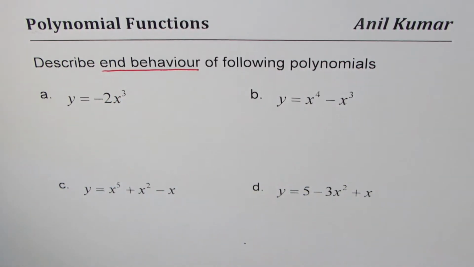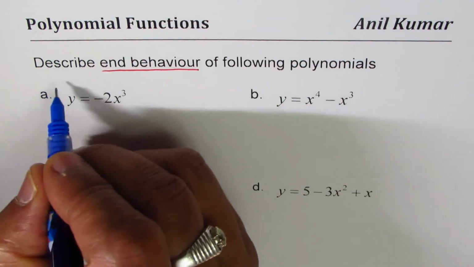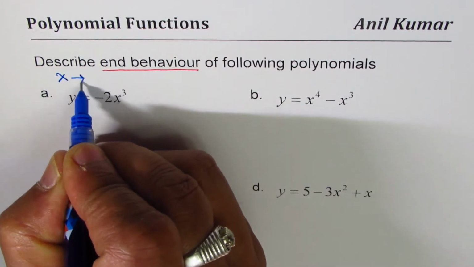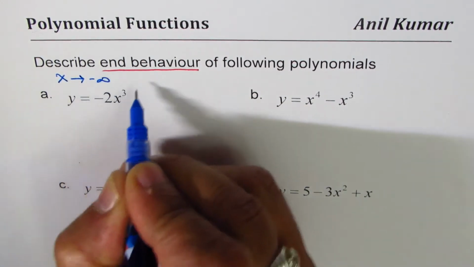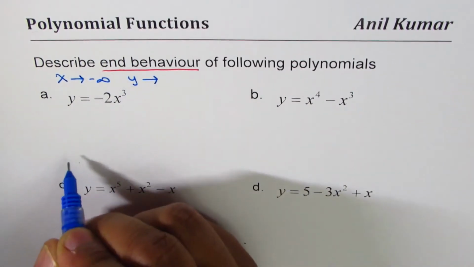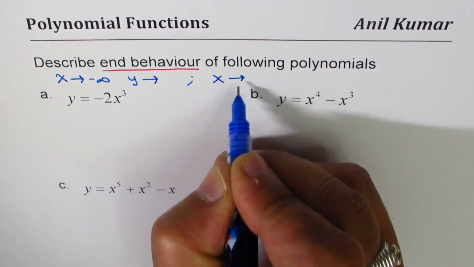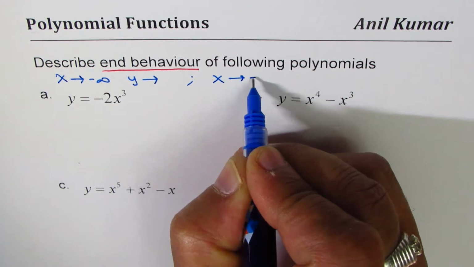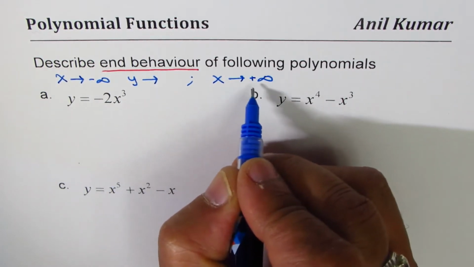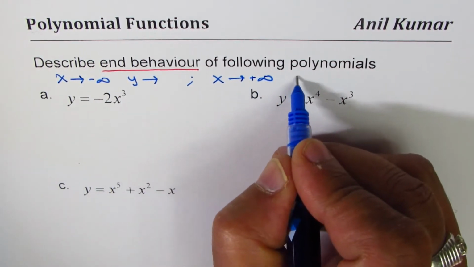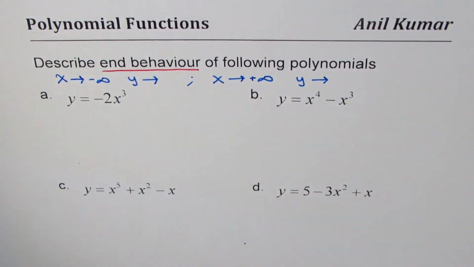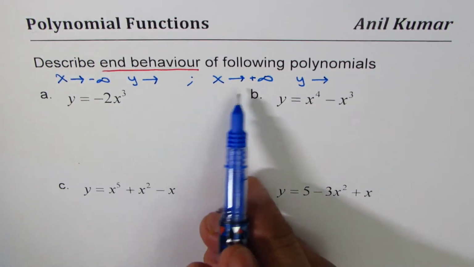But the basic question is, what is end behavior? End behavior really means that if x approaches a large negative value, what happens to y? Or if x approaches a positive large value, say positive infinity, what happens to y? That is the end behavior.